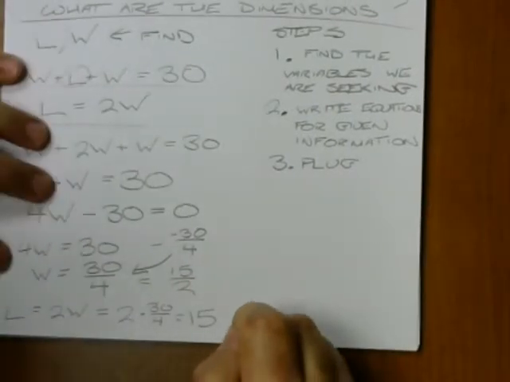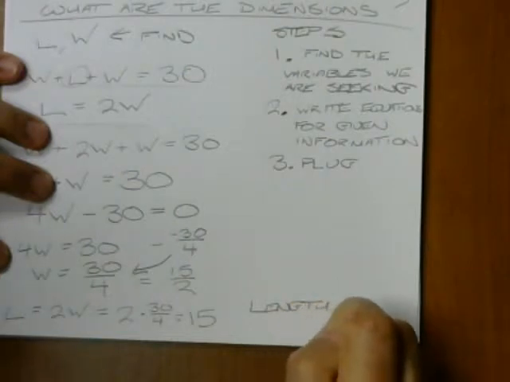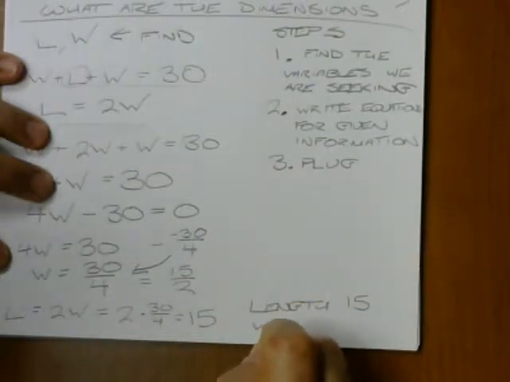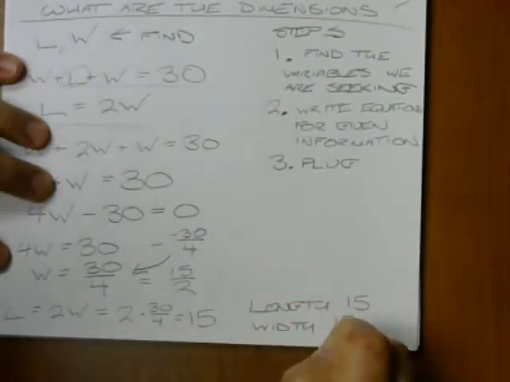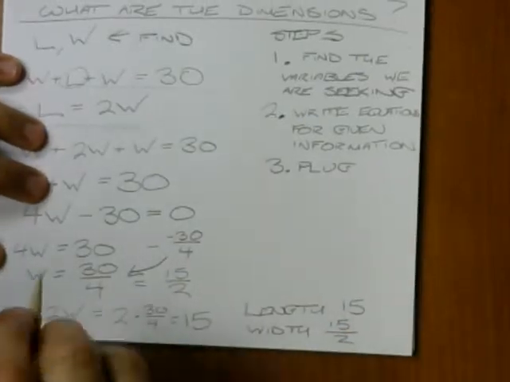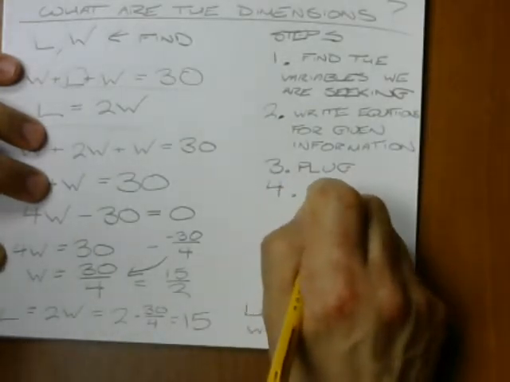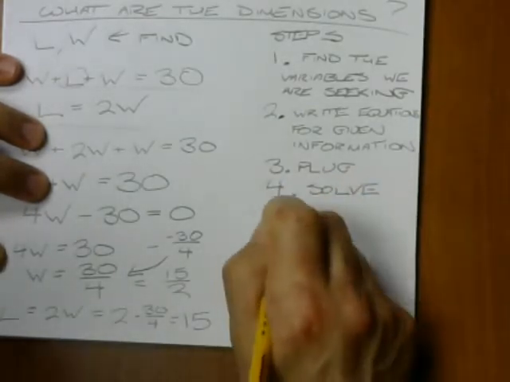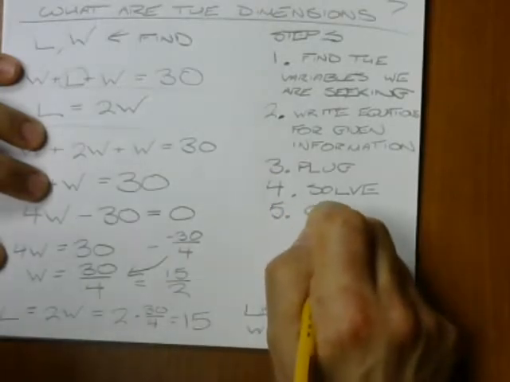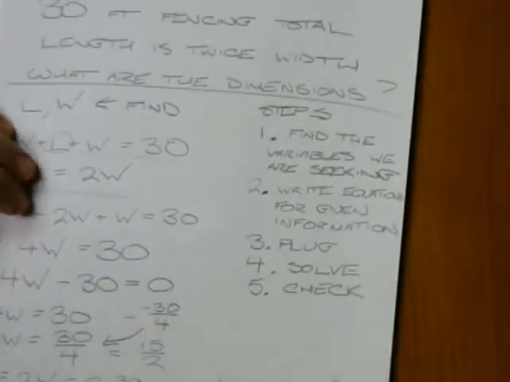So my dimensions are the length of 15 and a width of 15 over 2. And at the end, after we're done plugging, what did we do? We solved, and then we can check our work. So let's think about that.